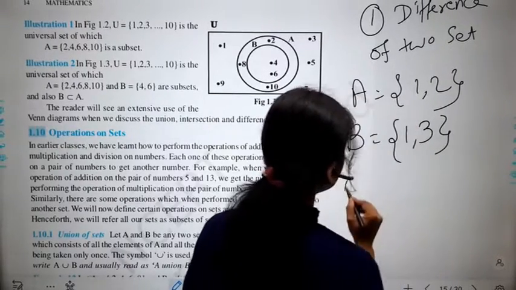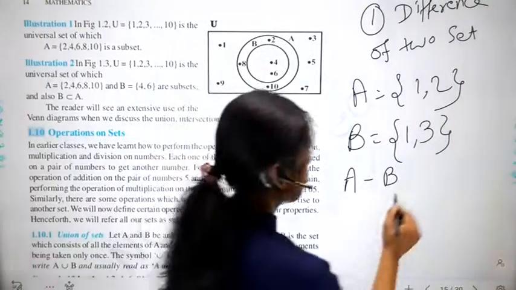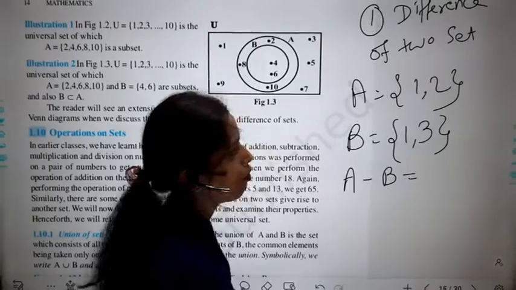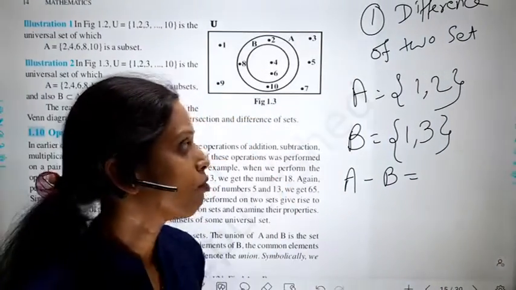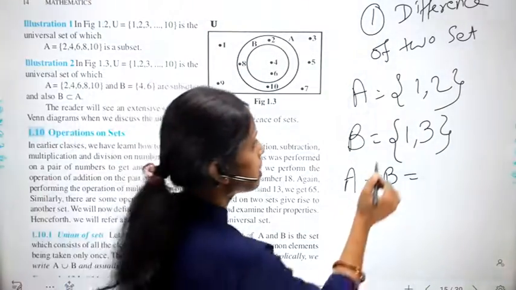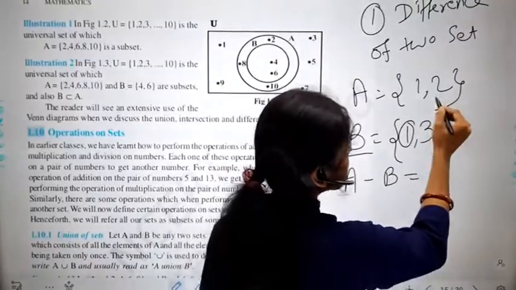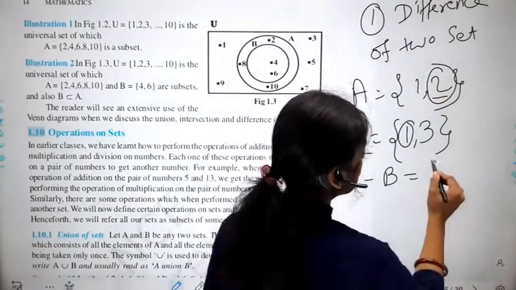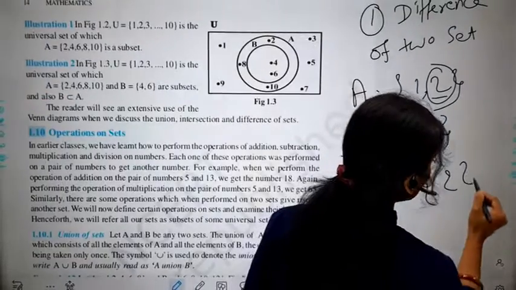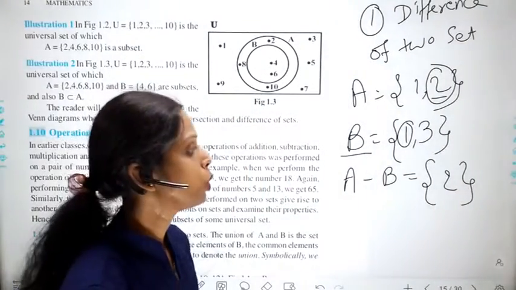Then what will A minus B be? We have to subtract B from A. B has the element 1, so we will subtract only 1 here. Then what remains? 2. That's why A minus B will be {2}.